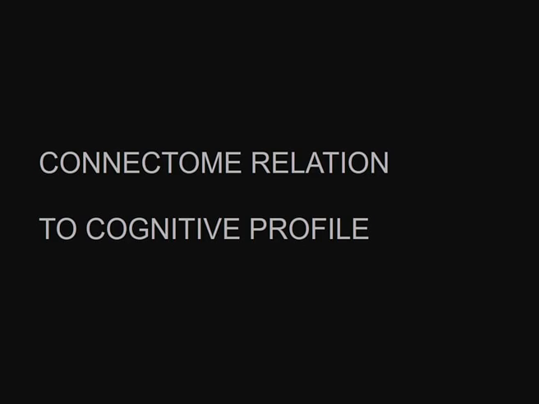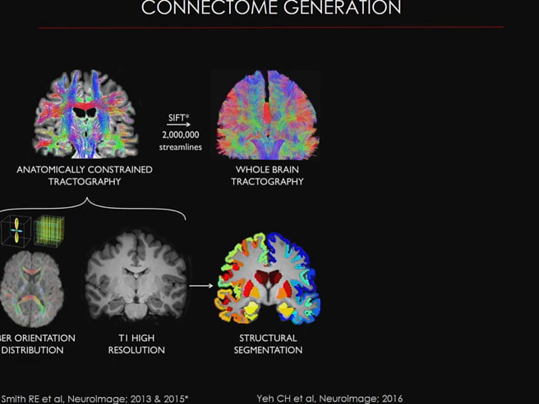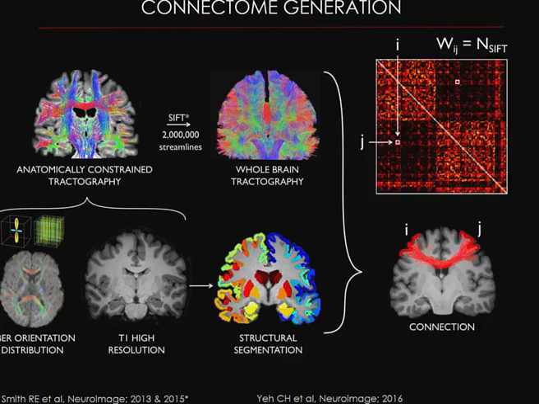In order to see this, structural connectivity matrices were calculated with diffusion-weighted images using anatomically constrained tractography. And we use SIFT filtered tractograms to correct the anatomical bias. Then we did parcellation of the cortical areas with FreeSurfer and with BigBrain for the subcortical areas. After that, we measure the connections as the number of streamlines between two areas to create these matrices.